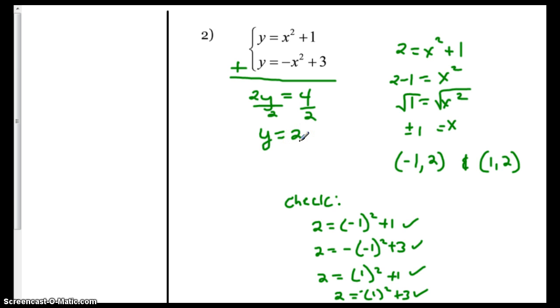Then you have to solve for x. So I took 2 and substituted into the first equation. So 2 equals x squared plus 1. And then I solved for x squared by subtracting 1 from both sides. And then I got x squared equals 1.